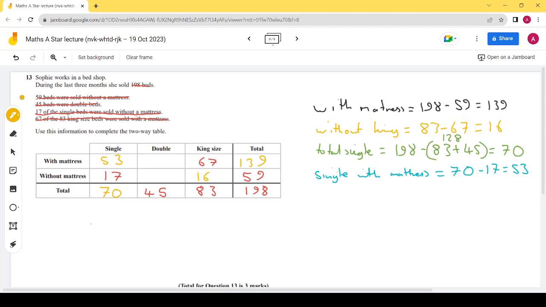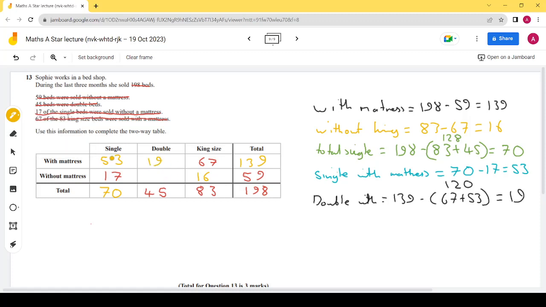And then we've got our 2 left, which is double with, which equals 139 minus the 67 plus 53. We add them together, it gives us 120, and so it equals 19.